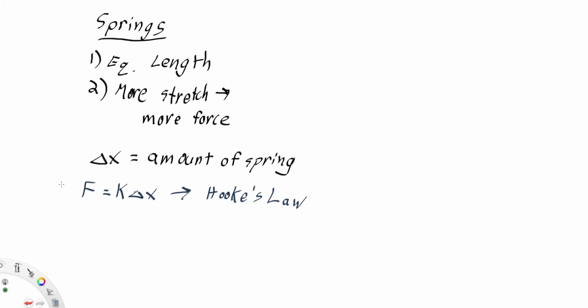Some other people prefer the perspective, the force that the spring exerts back on you if you stretch it, and they'll include a negative sign there to indicate that the spring is pulling back in the opposite direction of what you stretched it.